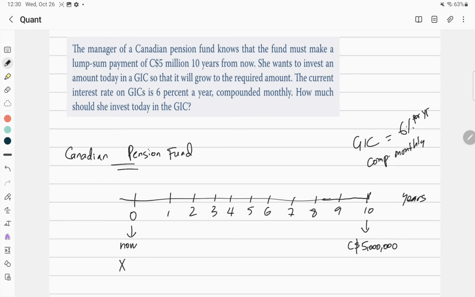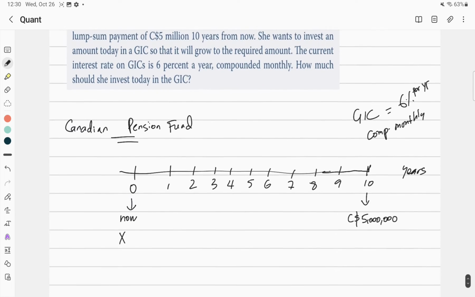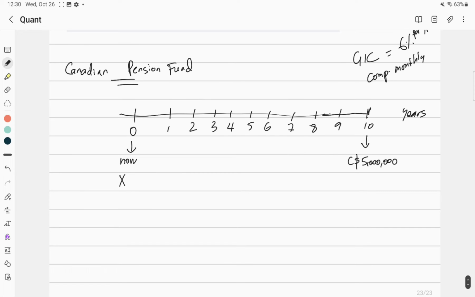All right, so now we're going to use this formula. We are calculating the present value, so our X and the present value are the same. The amount she needs to invest today is the future value after n years multiplied by 1 plus the stated annual interest rate divided by how many times it's compounded yearly, to the power of minus mn.